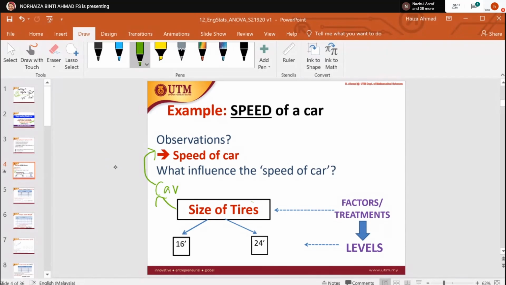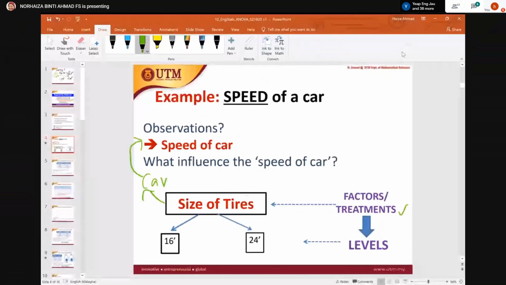The size of tire is also known as treatments because you are treating the car to observe its speed. And to test the tires, you take, for example, two types of tires, a 16-inch tire and a 24-inch tire. So these would be called the levels of the treatments, or levels of the factor.